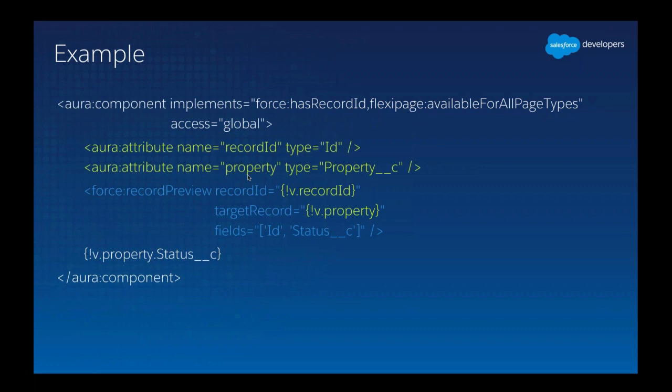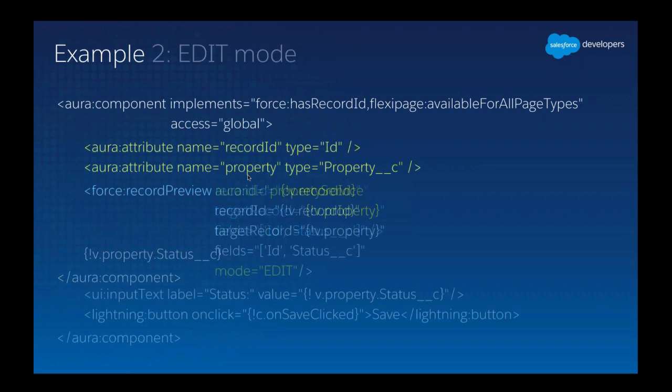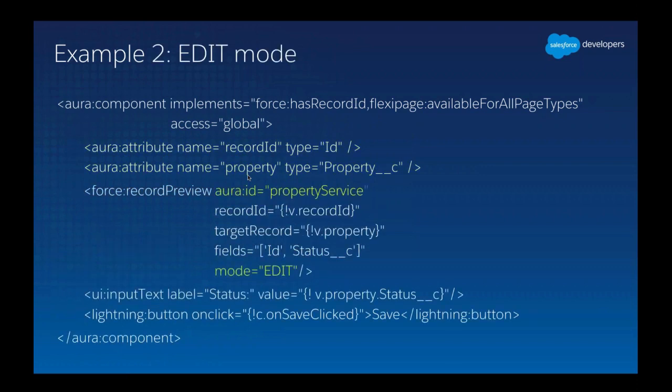Now, all the examples that we looked at so far are essentially read-only, right? We retrieve data to display the property on a map or to display the value of the property. But of course, Lightning Data Service can also work to modify data, and that can be to simply update the value of a field, or it can be to delete a record altogether.